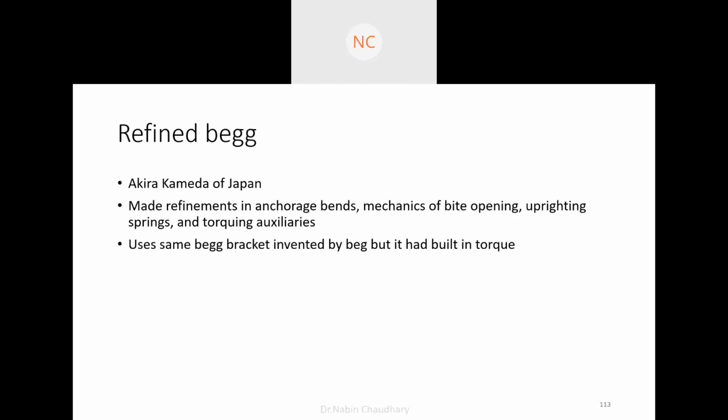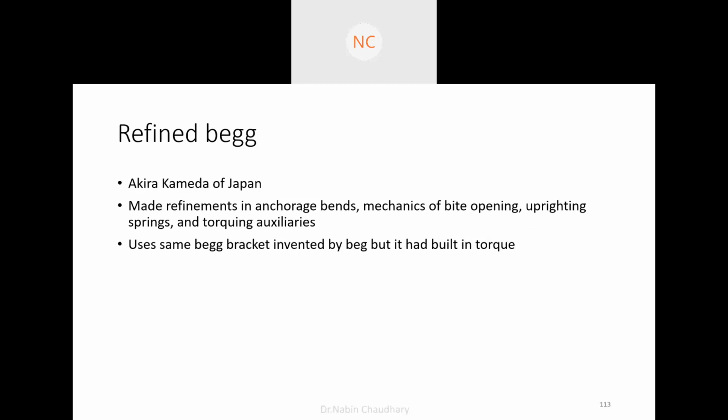Now, another modification of the Begg appliance is the refined Begg appliance. This was given by Akira Kameda of Japan, and the modification of this Begg technique was done in order to suit the population of Japan.